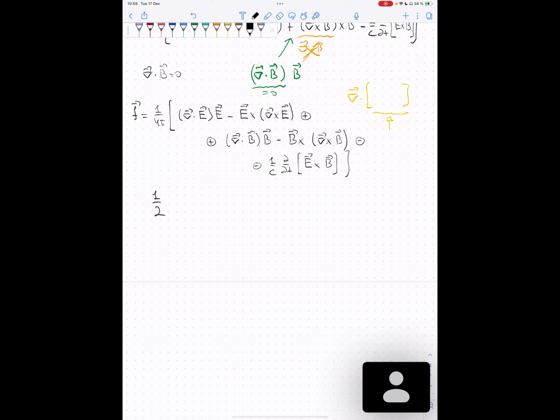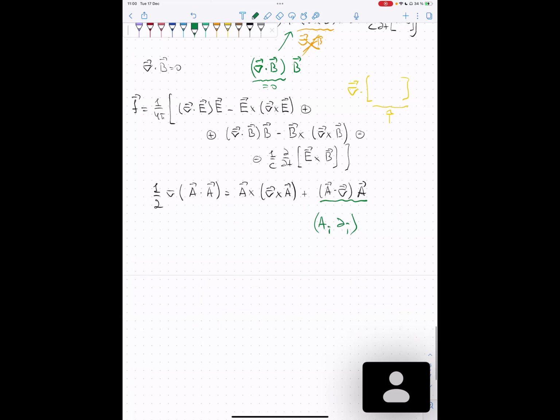The following expression: 1 over 2 gradient of A squared equals A times curl of A plus A times nabla applied to A. Here, A times nabla applied to A is basically A_i d_i applied to A. So it's something like this.